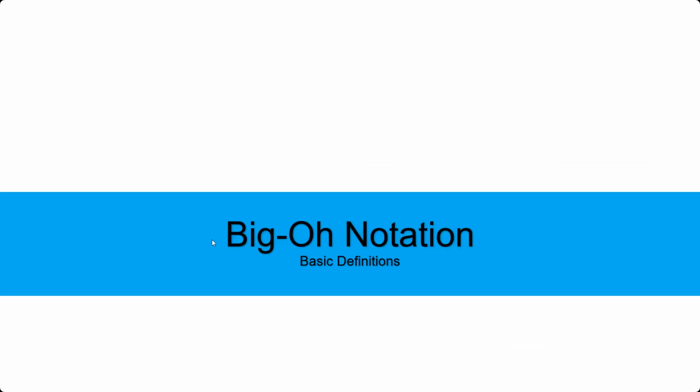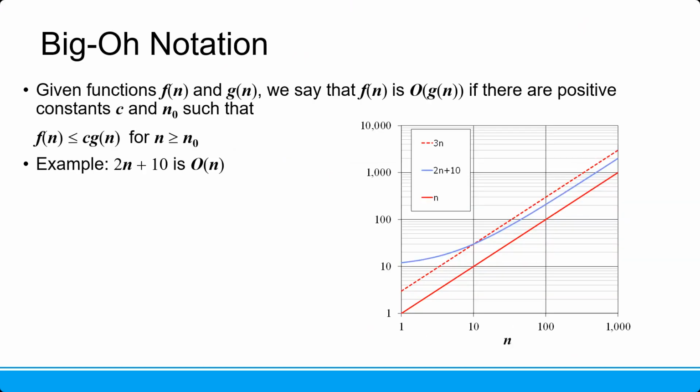When we do algorithm analysis, we need to understand big O notation. So for big O notation, we have function f(n) and g(n). This is based on theoretical mathematics.